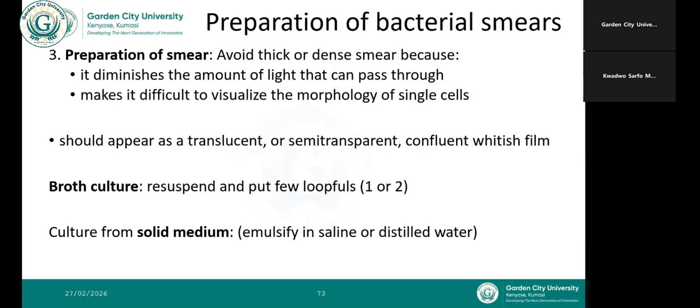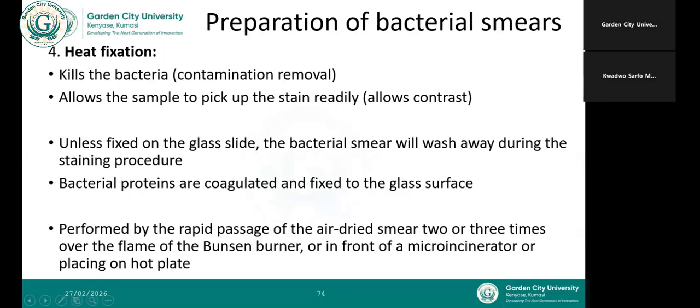So you heat fix. You can use a Bunsen burner, which will produce a flame, and then you pass it 2 or 3 times over the flame gently, not in a fast manner. Or you can place it on a micro incinerator, or you can have it on a hot plate.